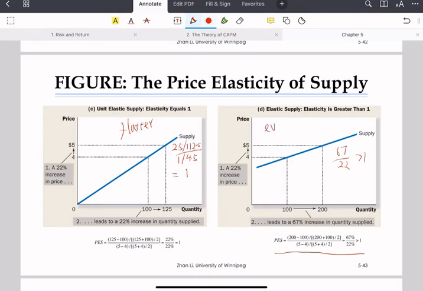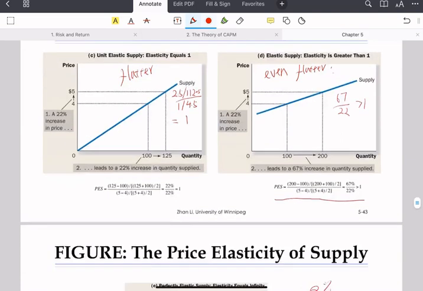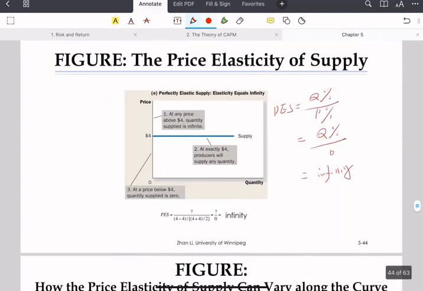Then we have an even flatter curve. In this case, its price elasticity is actually larger than 1. And for this last case, it's horizontal, so it's completely flat. Right? In this case, you can see that the price elasticity is actually infinity.